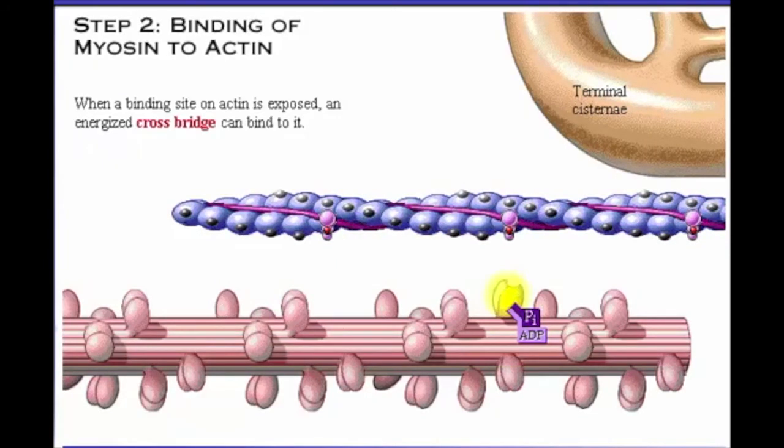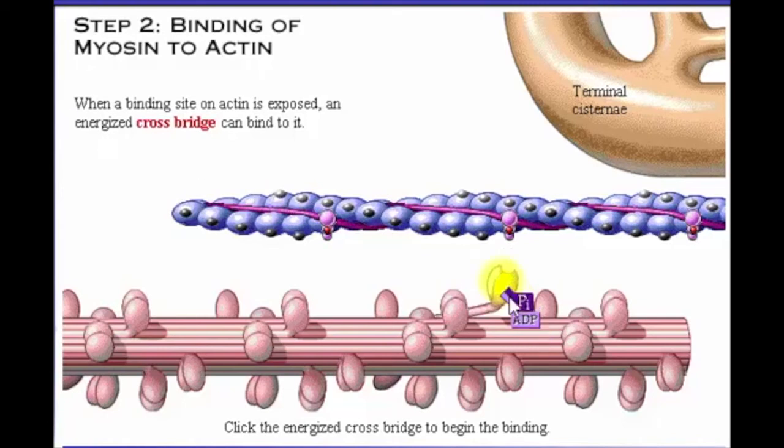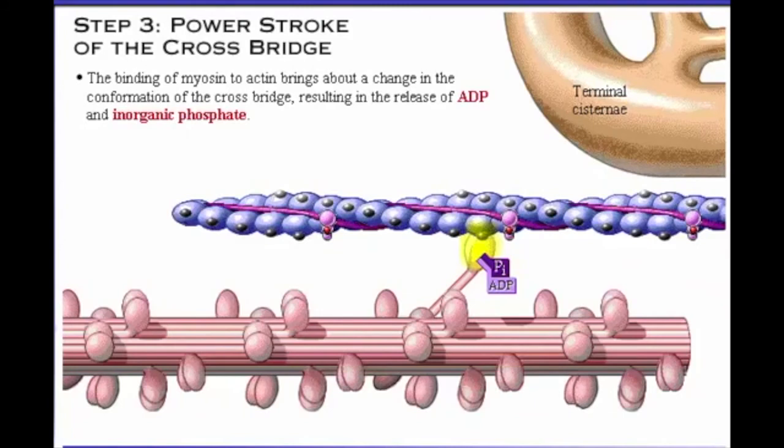When a binding site on actin is exposed, an energized cross-bridge can bind to it. The binding of myosin to actin brings about a change in the conformation of the cross-bridge, resulting in the release of ADP and inorganic phosphate.